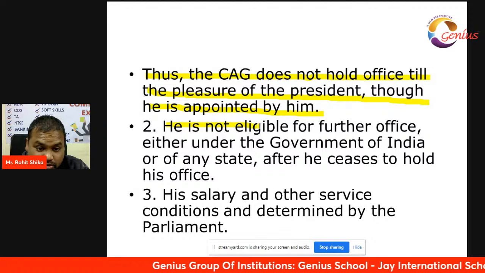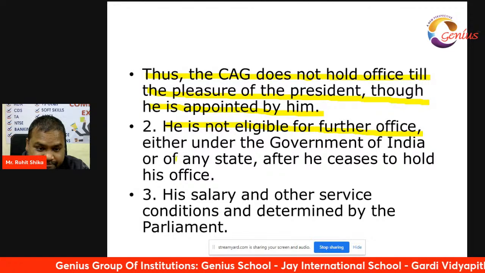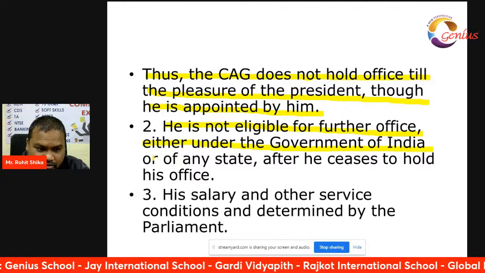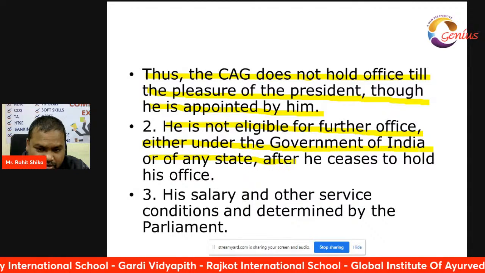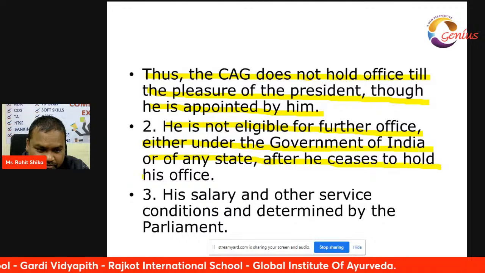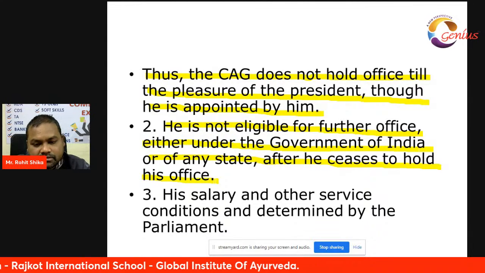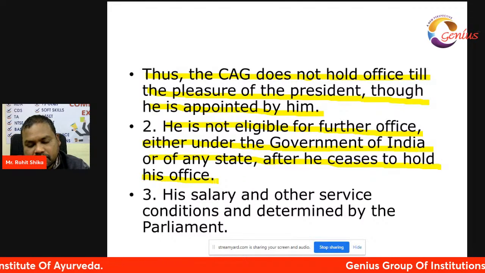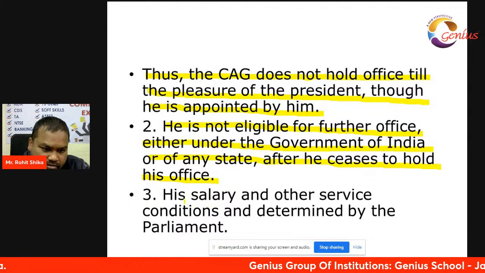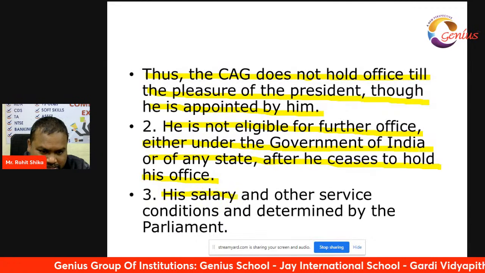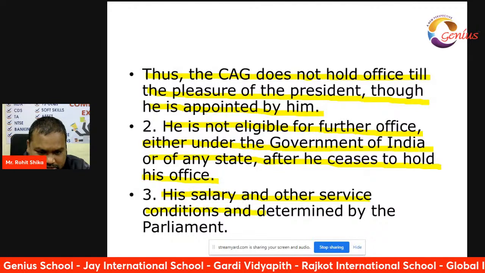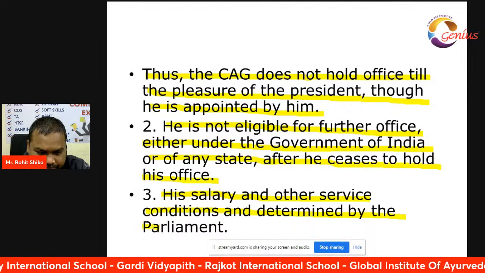He is not eligible for further office either under the Government of India or any state after he ceases to hold his office. His salary and other service conditions are determined by the Parliament.